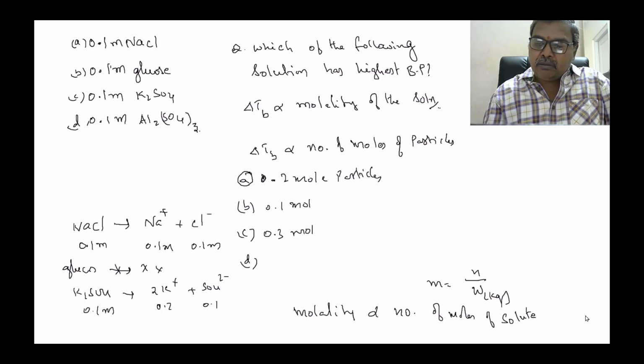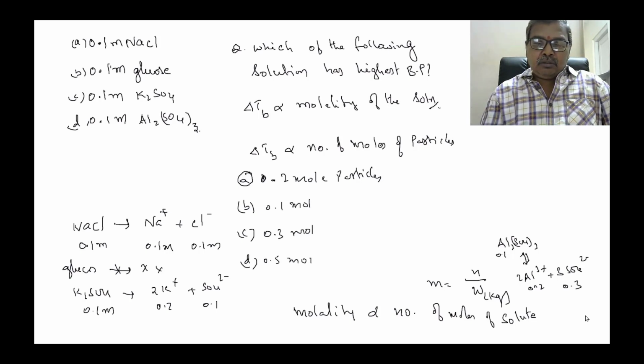Now, Al2(SO4)3 ionizes as 2Al3 plus and 3SO4 2 minus. If this is 0.1 mole, you will get this 0.2, this 0.3, that is equal to 0.5 mole. So delta TB is directly proportional to number of moles of particles.